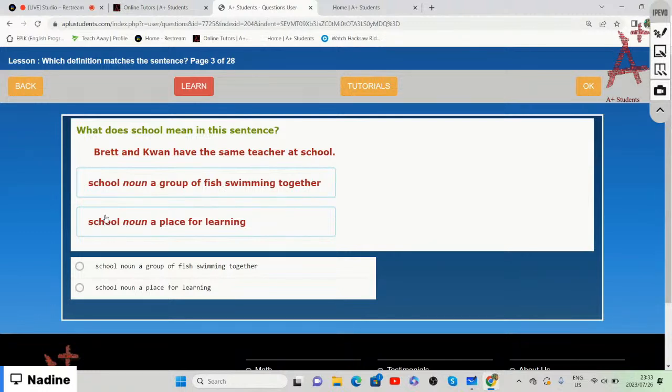Or is it school, which is also a noun and it is a place for learning? We need to choose the correct meaning of the word school.